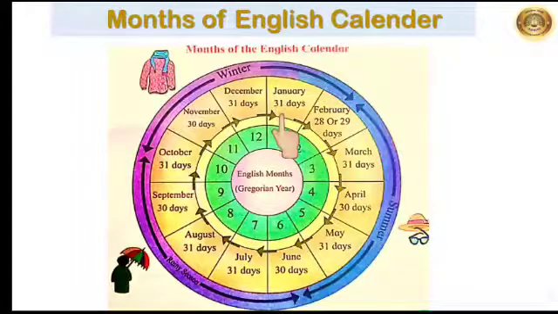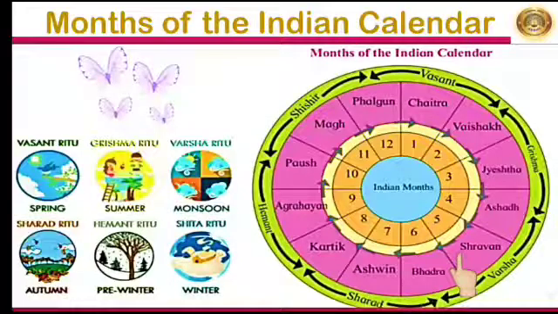Now children, we all know the English calendar that we are using in our day-to-day life. But children, we also have a different way, an Indian way of the calendar, or we can call it the months of the Indian calendar.